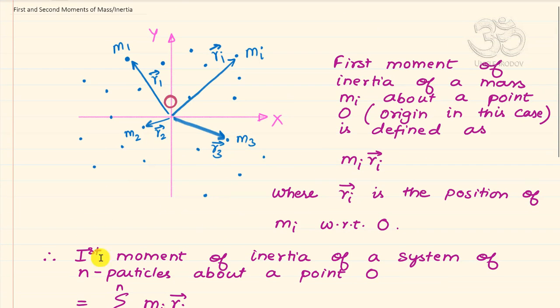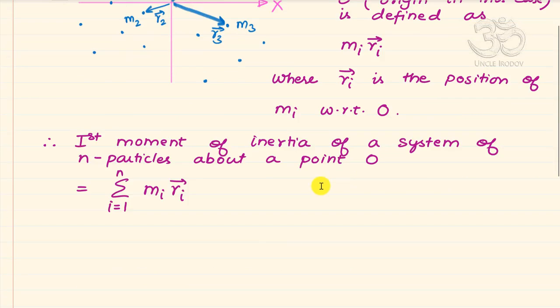And based on this same idea, I can now define what is the second moment of inertia. So second moment of inertia is analogous. The only change is that instead of using the r vector, it uses r square, the modulus of the r vector whole square.